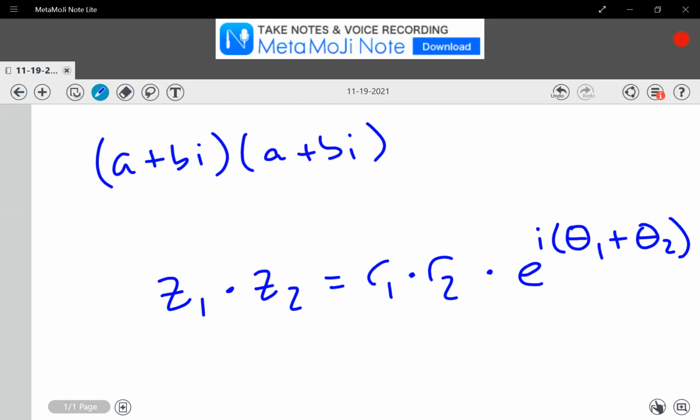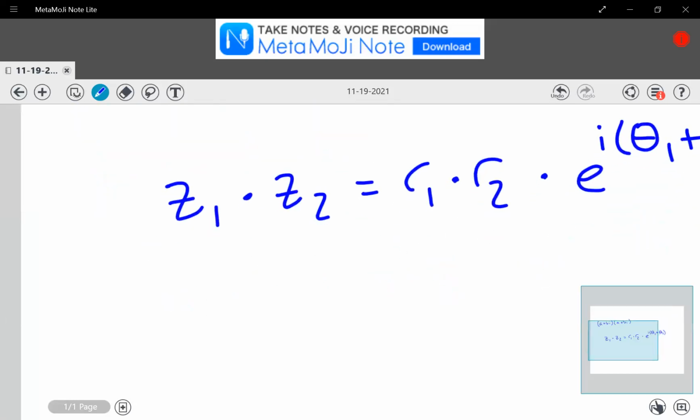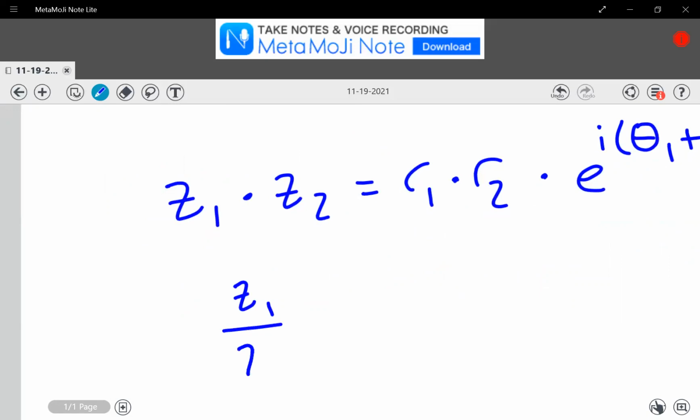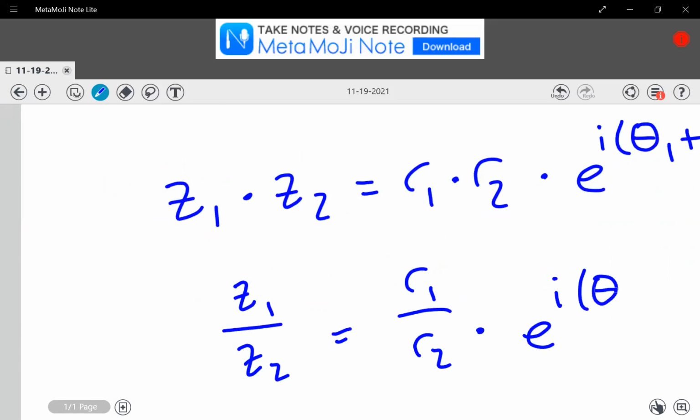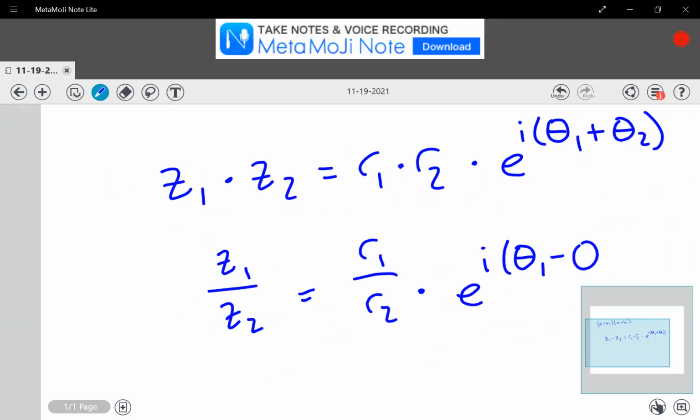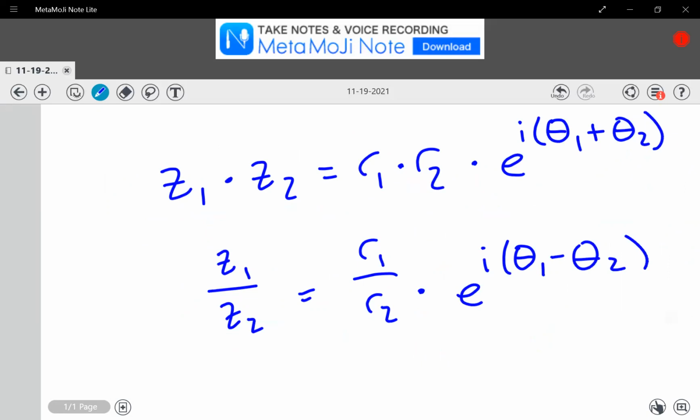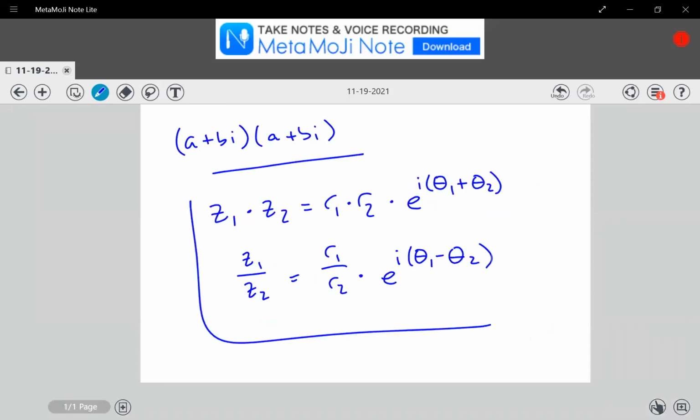Or x, whatever you want to call it. And then if we want to divide, same idea. We do z1 over z2 equals divide our r times e to the i, and this time we just subtract our thetas. It's multiplication and division.